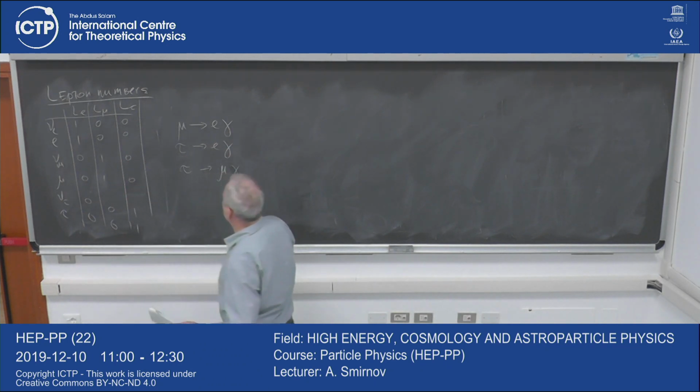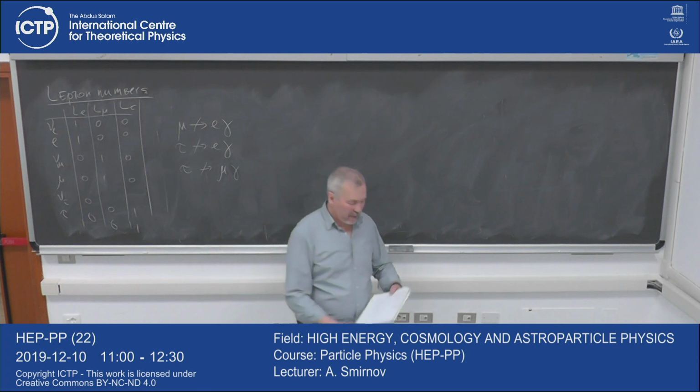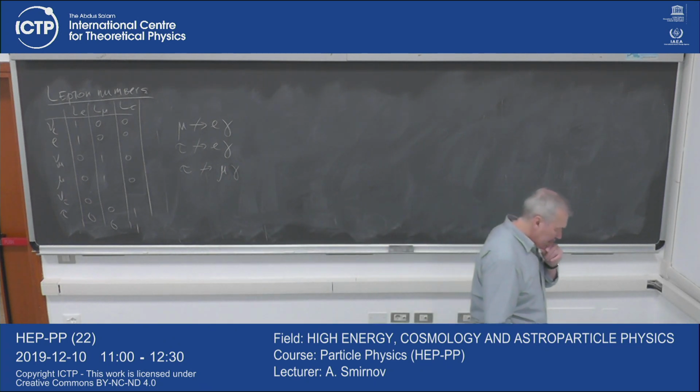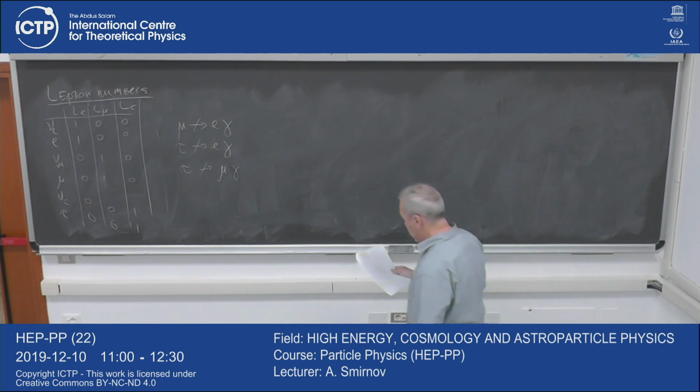In all these processes you have breaking of lepton numbers, so these haven't been found, and they have strong bounds on the lifetime. The branching ratio, remember, for mu to e gamma is around several times 10 to minus 13, and soon it will be even better.